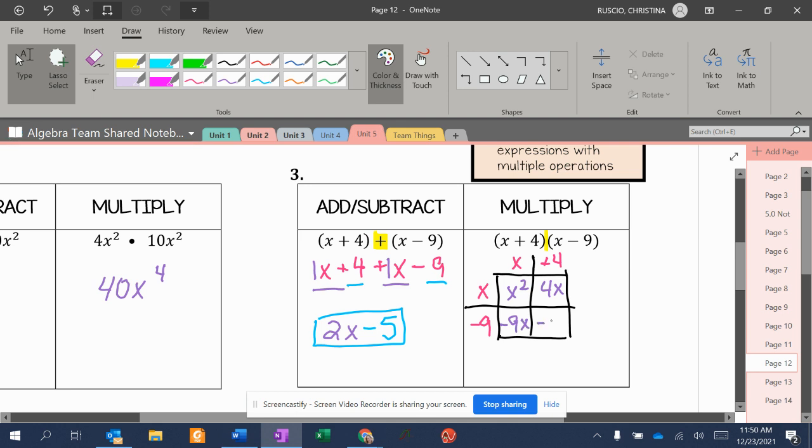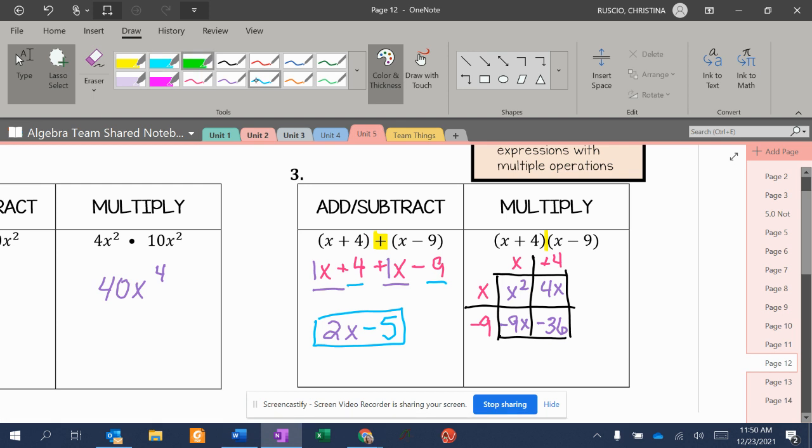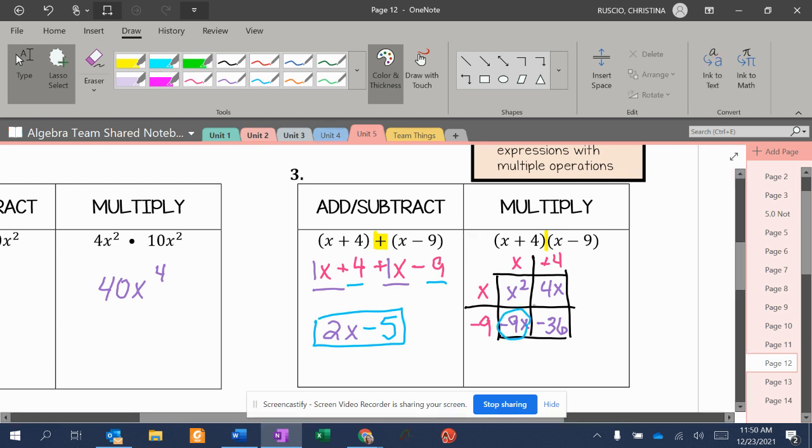Negative 9 times 4 is negative 36. Some of you might recognize that there's like terms because there almost always is. Negative 9x plus 4x is negative 5x. So our final answer in standard form is x squared minus 5x minus 36.